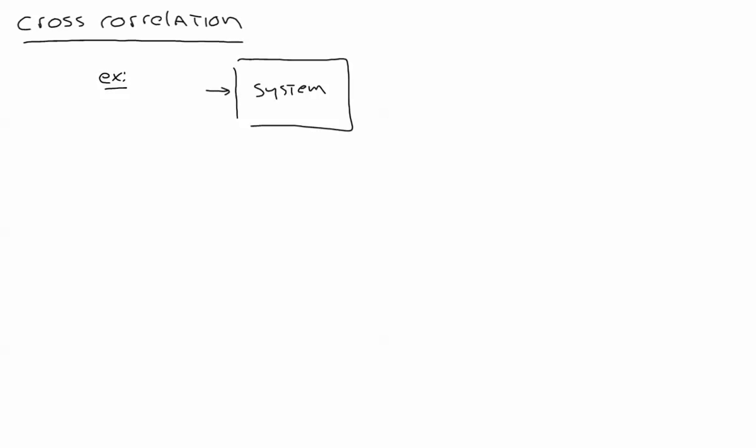And at the input of my system, I have a random process X, and at the output of my system, I've got a random process Y. And I might be interested, for whatever reason, in how X and Y relate to one another from a statistical perspective. And cross-correlation will allow me to get access to some of that information.